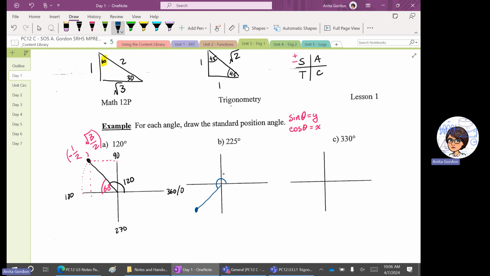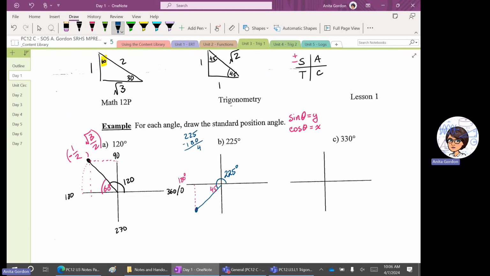This is 225 degrees. And the closest x-axis is going to be this one here. So if this is 180 degrees and this is 225 degrees, how much further back do I have to step in order to get to 180? This is 45. Okay, and the way that I did that is just take 225 minus 180.